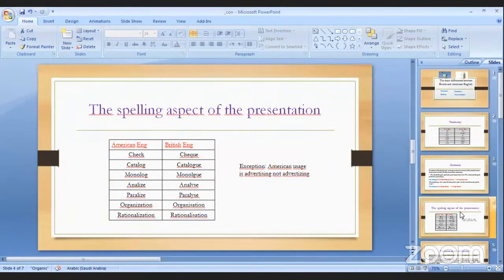In American English, advertising uses S instead of a Z. This is an exception for American English. Right. Next slide, please.